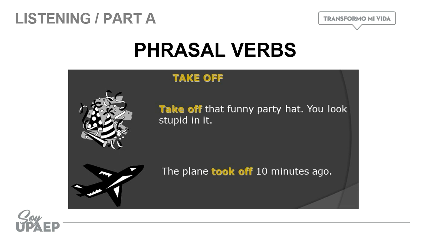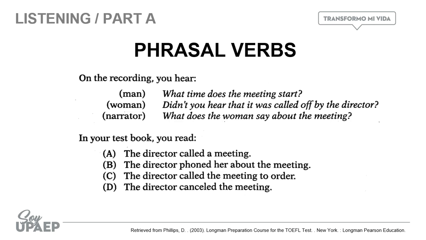So to take off would be the opposite of land when we talk about planes, okay? So it is very important that, as I said, if it is not possible for you to learn all the phrasal verbs that are included in the course, you try to understand the context as much as you can in order for you to determine the meanings of phrasal verbs, okay?